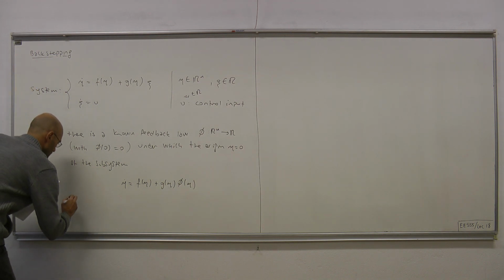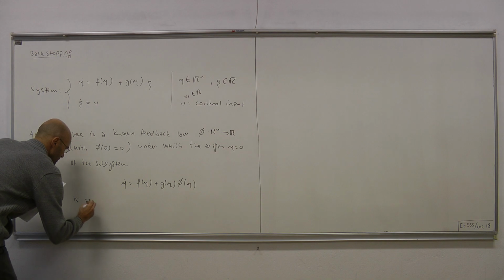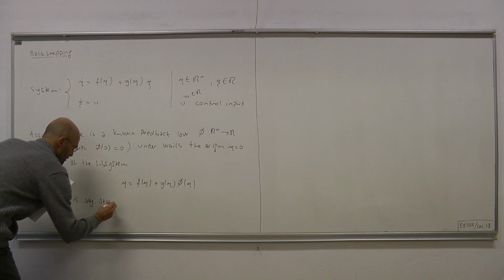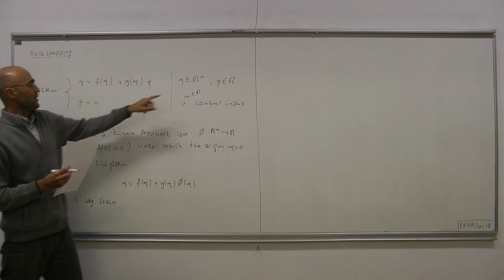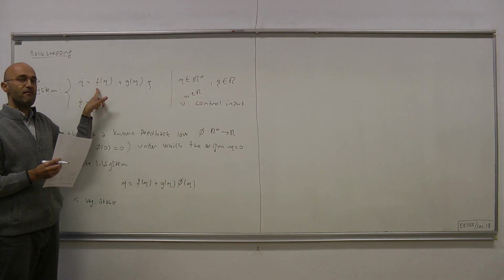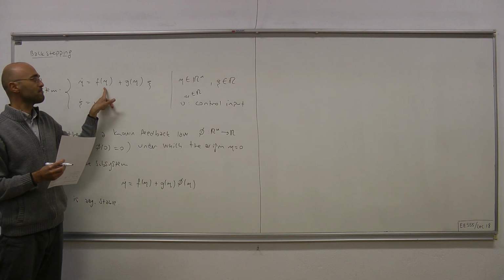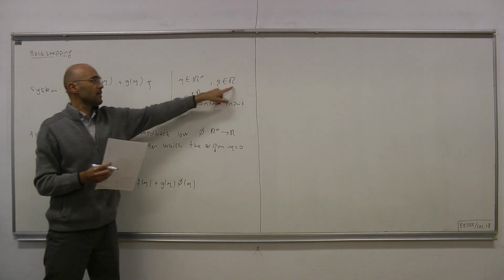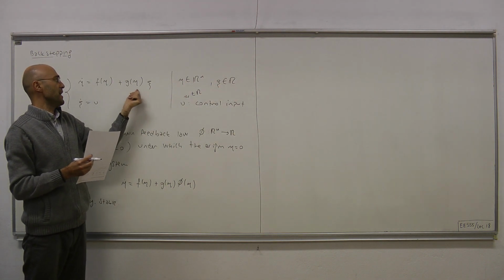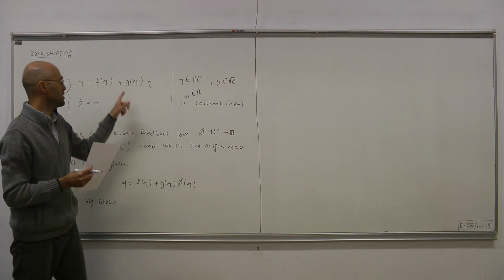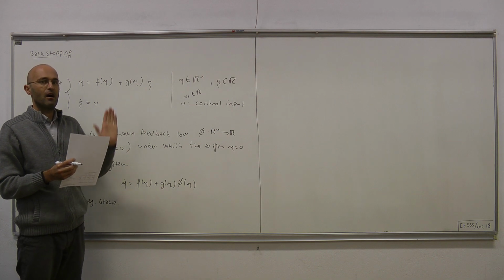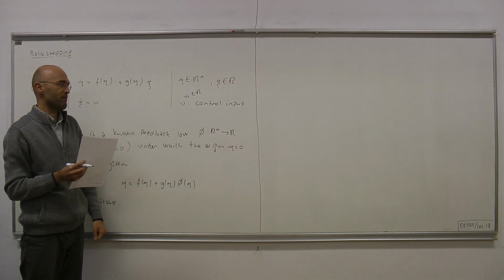Okay. So eta is in R^n, therefore this f is a mapping from R^n to R^n. Xi is in R, it multiplies g of eta, therefore g of eta must also be a vector in R^n. Therefore g is a mapping from R^n to R^n, just like f.